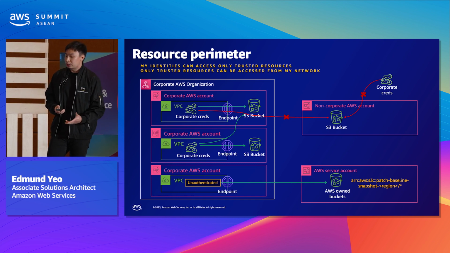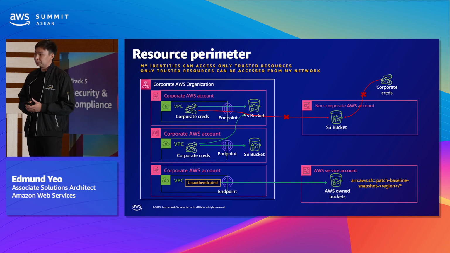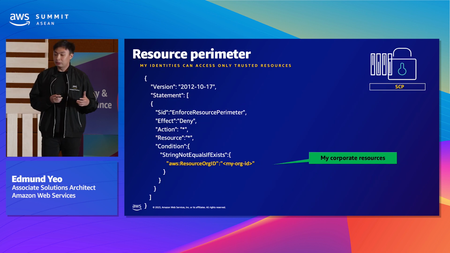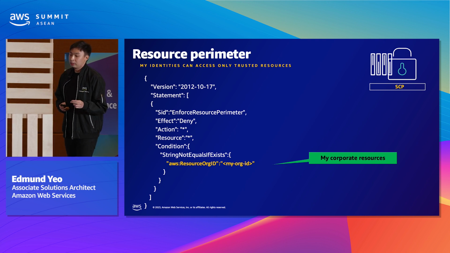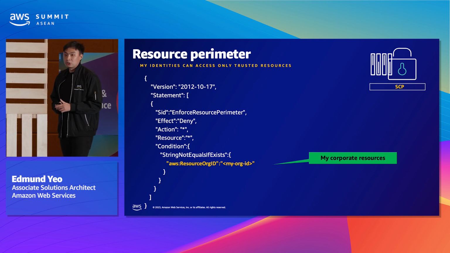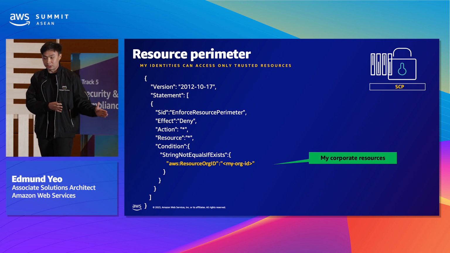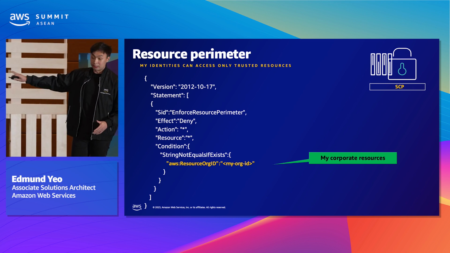To manage your resource perimeter, we will be looking at implementing a service control policy as well as a VPC endpoint policy. When you start building your service control policies, the primary condition key that you are looking at here is the resource org ID. The resource org ID allows you to compare the identifier of the AWS organization to which the requested resource belongs with the identifier that you actually specify in your policy.